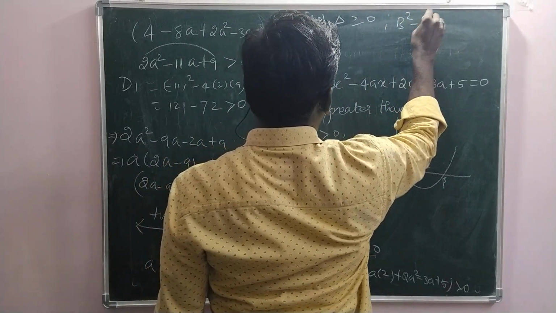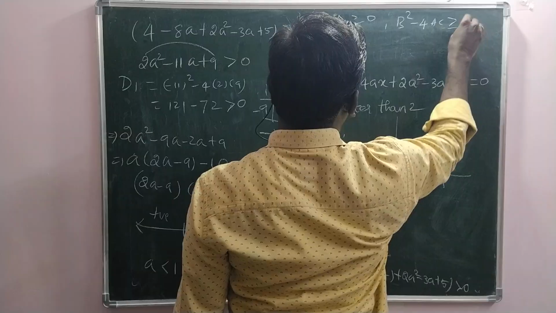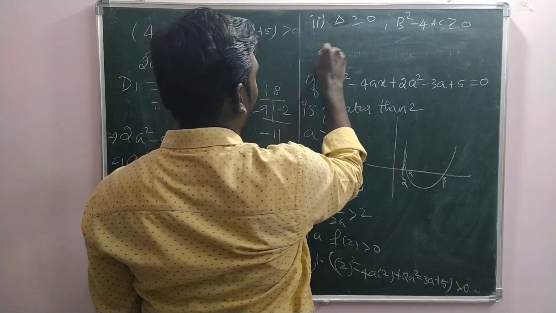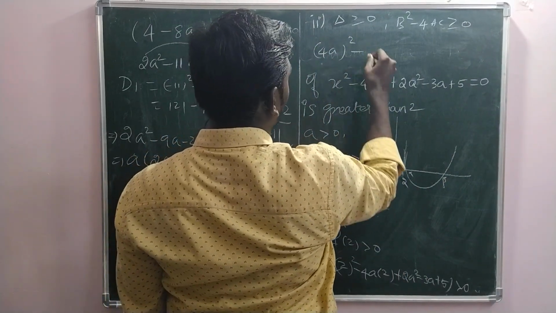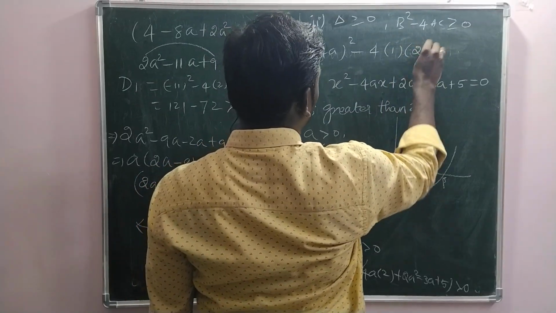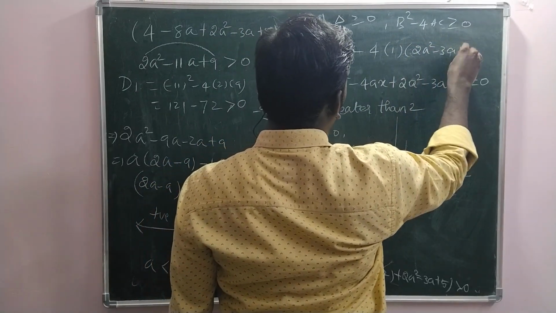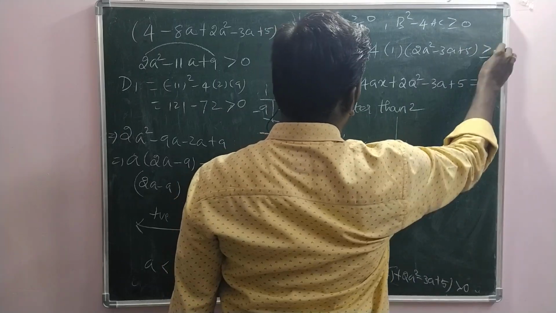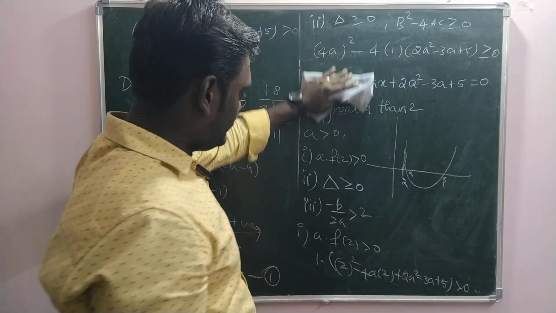That means b square minus 4ac, which is greater than or equal to 0. B square is 4a whole square minus 4, a is 1, c is 2a square minus 3a plus 5, which is greater than or equal to 0 we should take.